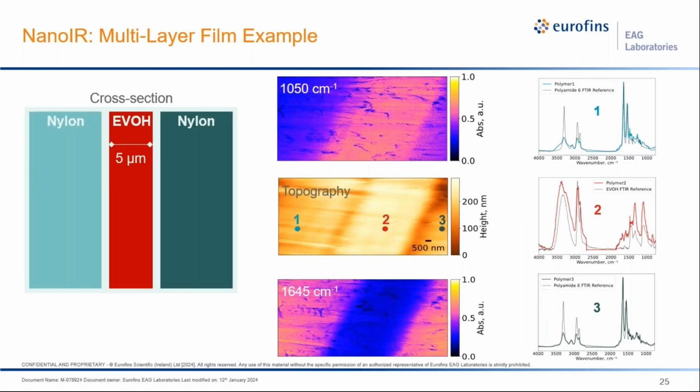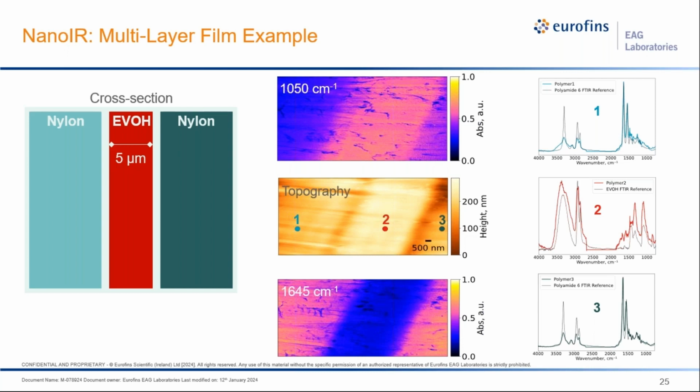Now I want to bring up our newest technique. It's very useful for looking at really small features, and that, of course, is nano-IR. So here I have an illustration of how we employ nano-IR. Nano-IR, as I mentioned before, has really the smallest spot size. And so here we have a multi-layer film.